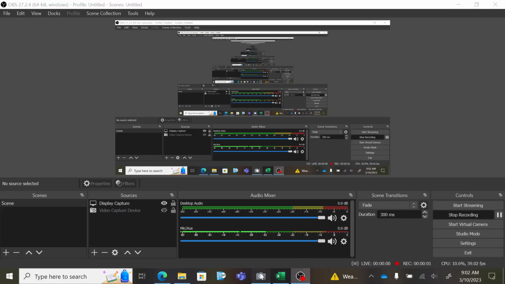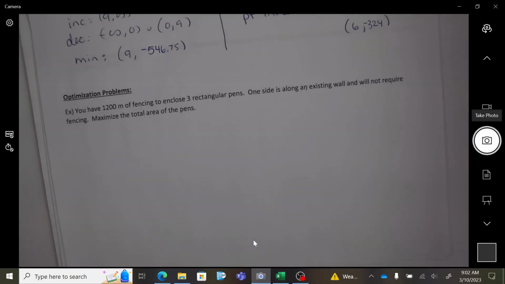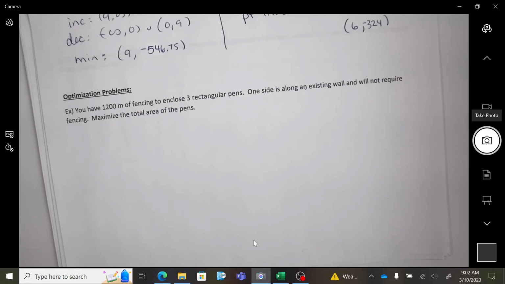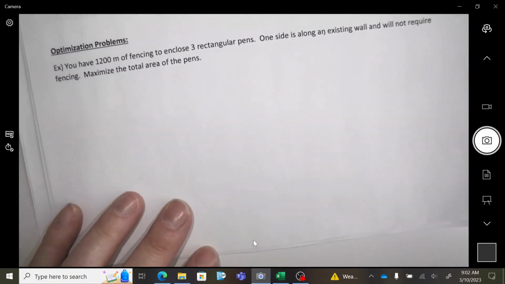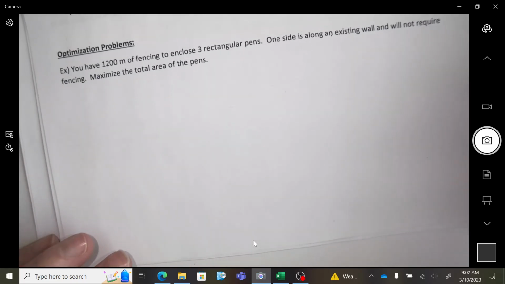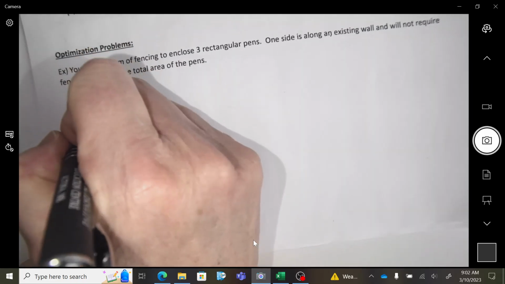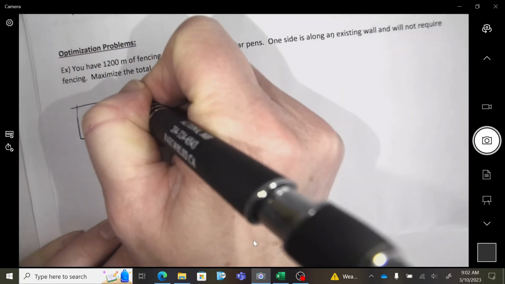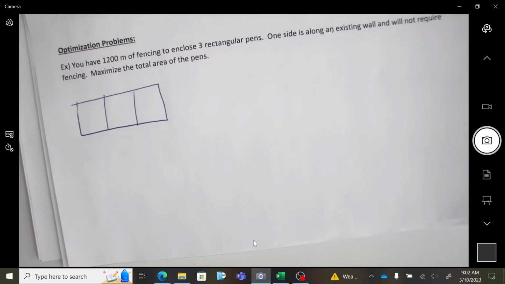You've already drawn it? Okay, this is an exact question that we would have done in grade 11 pre-calc. So you have 1,200 meters to enclose 3 rectangular pens. So it's that one, remember it?